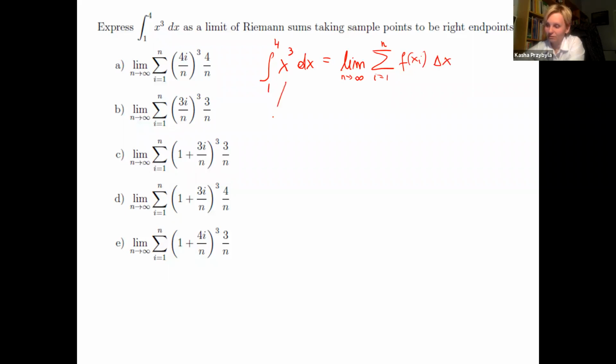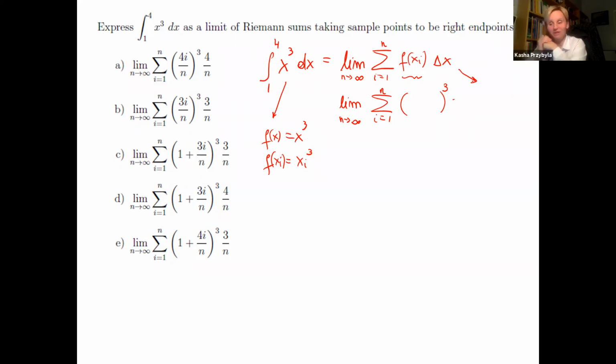Of course, we know that the function is x cubed. The function at the sample point will be x sub i cubed.